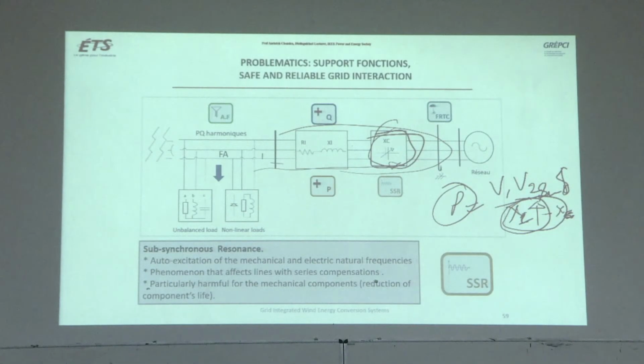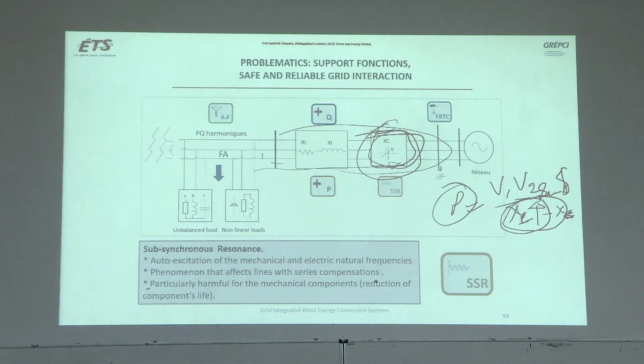This is what actually happened: around 40 years ago, Hydro-Quebec had long transmission lines, and to increase the power transfer limits they put series capacitors in series with the line. So now they have had series capacitors for the last 40 years.